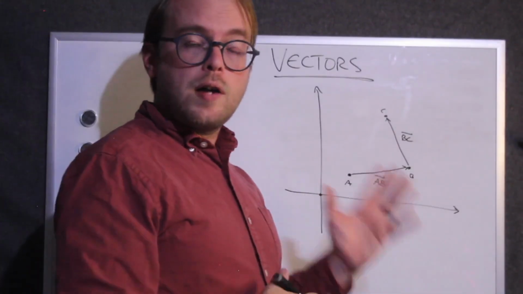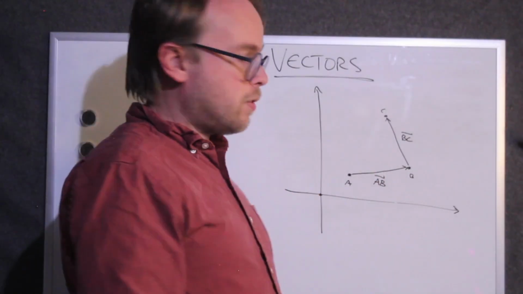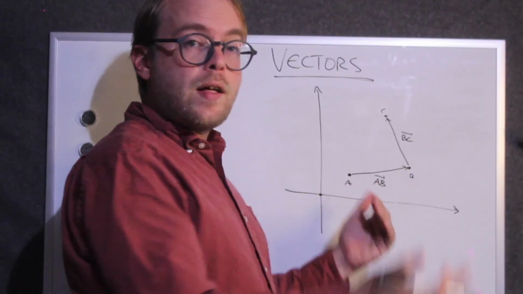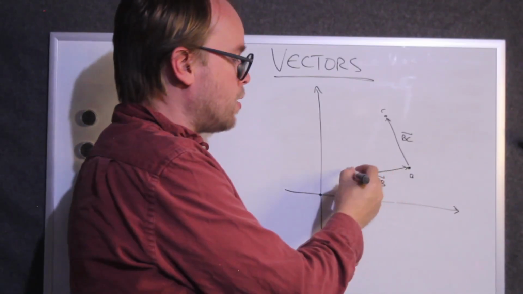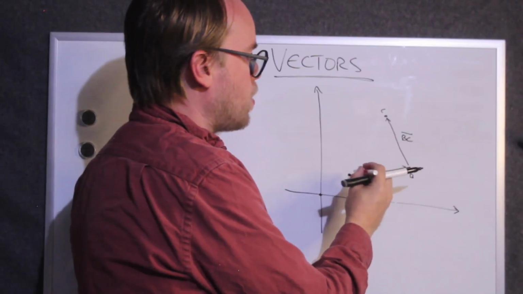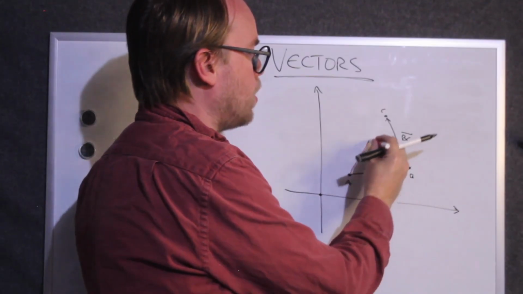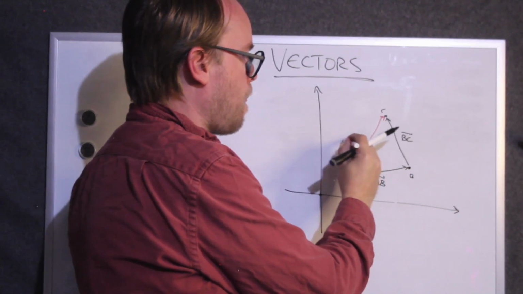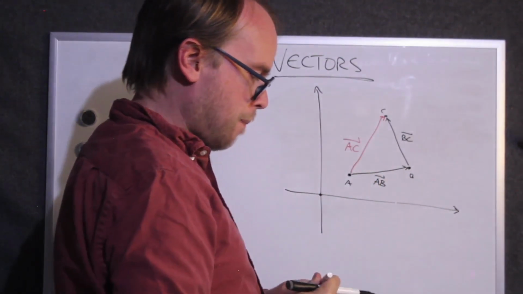Now the rule for understanding addition of vectors is that a displacement followed by another displacement is equivalent to the displacement from the first one to the end of the last one. Like that.